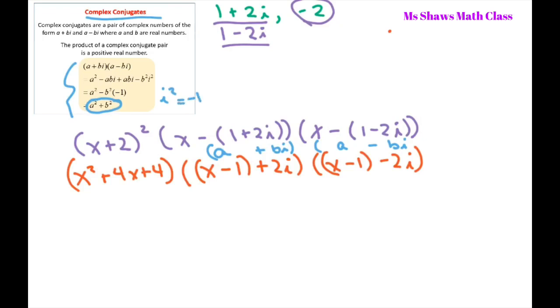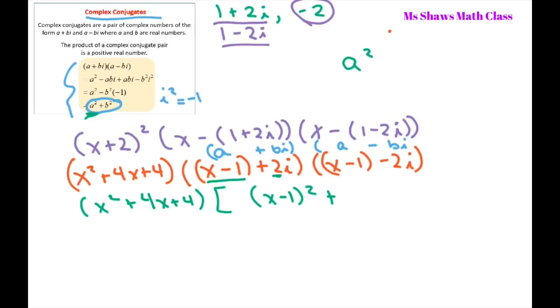So when I rewrite this, I'm still going to have my x squared plus 4x plus 4. Now, I'm going to write this as my a. My a is x minus 1. Square it. So we just did that part. My b is 2. So you're going to put plus, I'm just following this formula, a squared plus b squared. And so 2 squared.